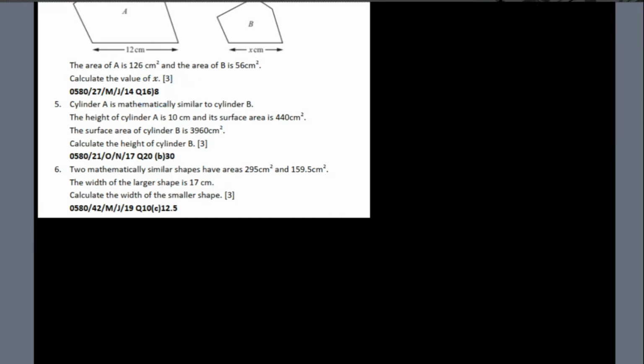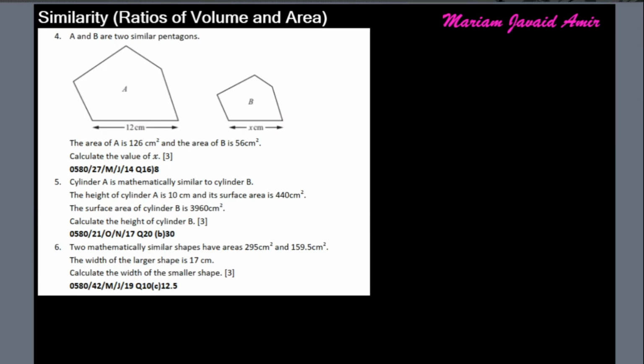Question 5. Cylinder A is mathematically similar to cylinder B. The height of cylinder A is 10 and the surface area is 440. The surface area of cylinder B is 3960. Calculate the height of the second cylinder.